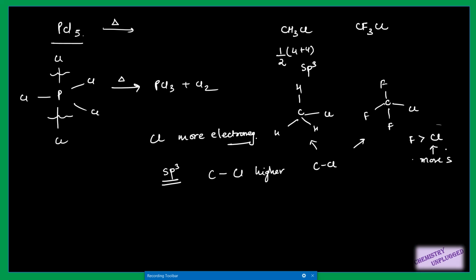And you know that s orbitals are close to the nucleus, so the C-Cl bond length will be less in this case, CF3Cl, right?